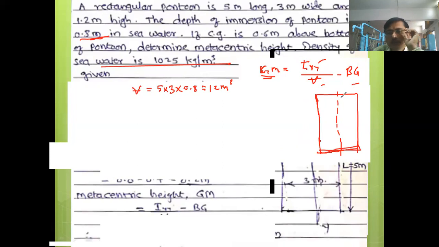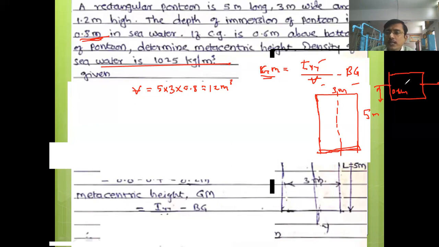This is the rectangle having length 5 meter and width 3 meter, but the height will be equal to 0.8, because that much only portion it is immersed, right? तेवढाच portion पाण्यामध्ये बुडलेला आहे. How much? It is 0.8 meter. They have given the depth of immersion of the pontoon, 0.8 meter.